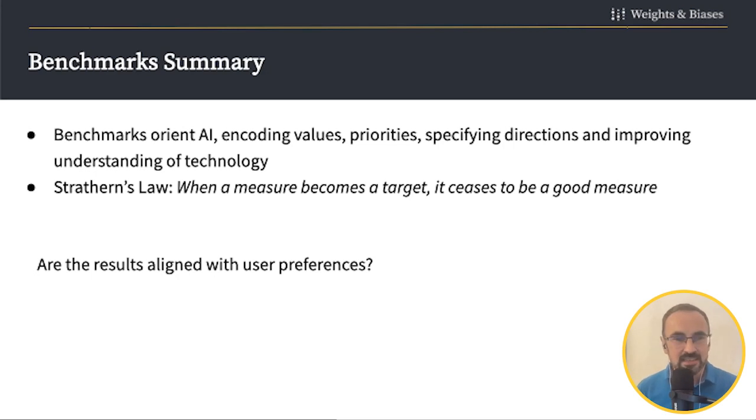On the other hand, there is Goodhart's law, which says when a measure becomes a target, it ceases to be a good measure. We see that some models might be overfitting to the benchmarks. And if people focus too much on getting a good score in a benchmark, that may not necessarily transfer into a useful or helpful language model.